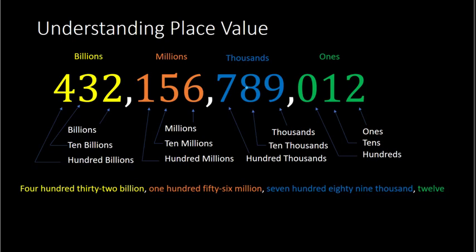So we have 789,000. And then over here, the 0, 1, 2, this would just be 12. All right, so we would say this as 432 billion, 156 million, 789,012. So make sure you know how to interpret any size number and to convert into English.